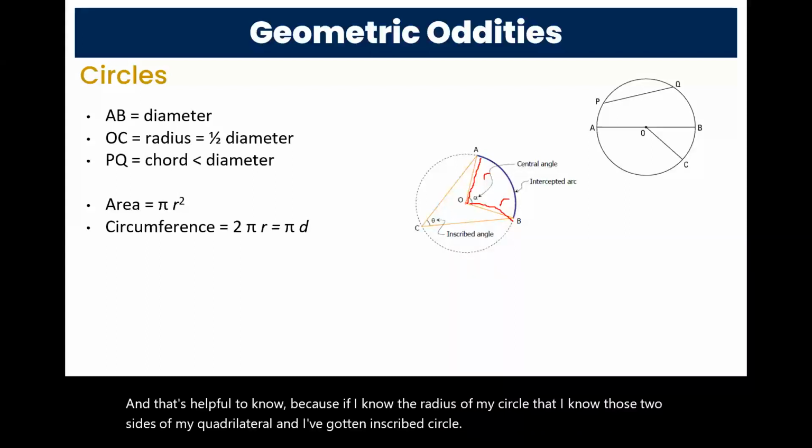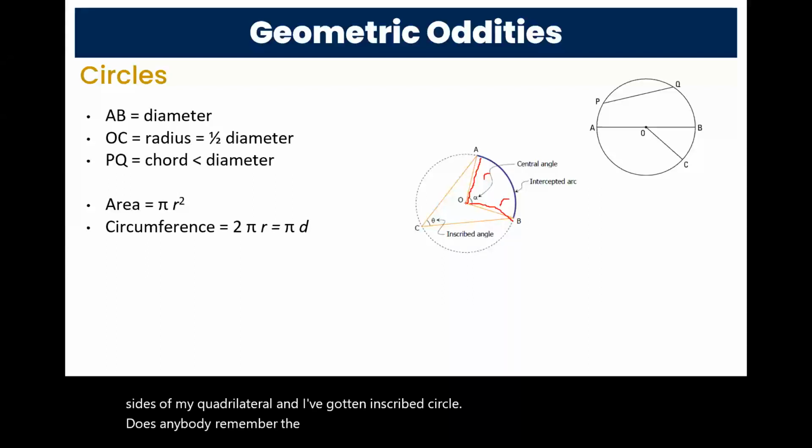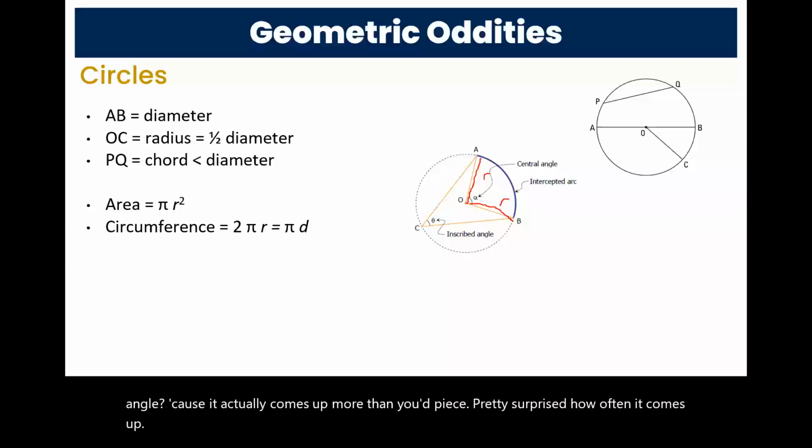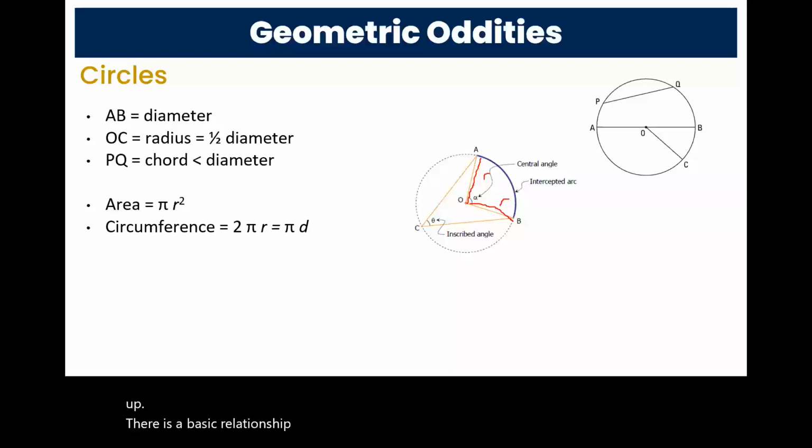Then I've got an inscribed circle. Does anybody remember the ratio between the central angle and the inscribed angle? Because it comes up more often than you'd be surprised. There is a basic relationship between the central angle and the inscribed angle.